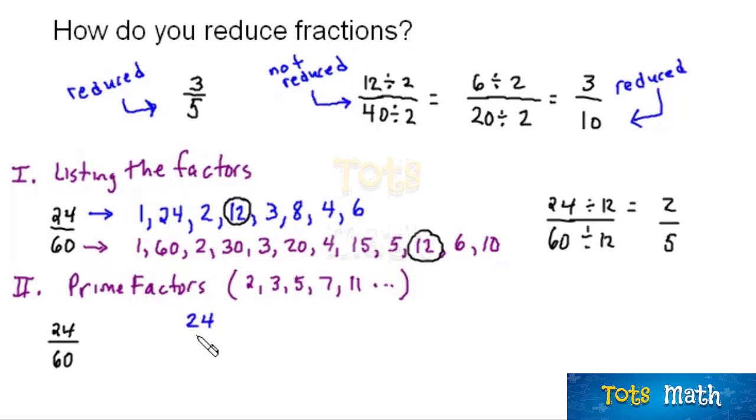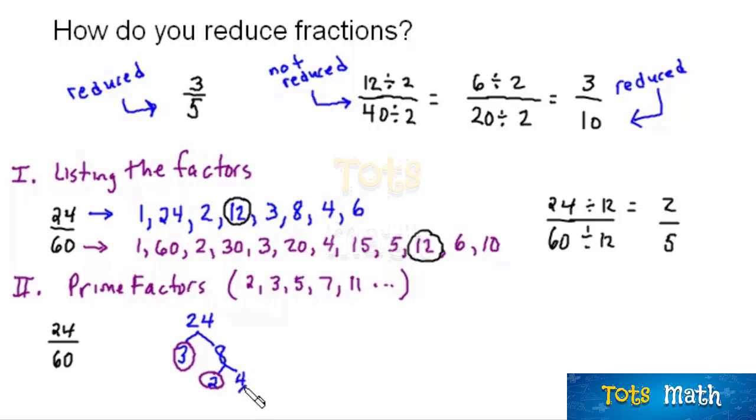We can think of 24 as the product of 3 and 8. 3 is a prime number, so we don't have to continue this branch of the tree. 8 is not prime, so we can break that number down further. So we can think of 8 as 2 times 4. 2 is a prime number, so we won't continue this branch, but 4 is not prime.